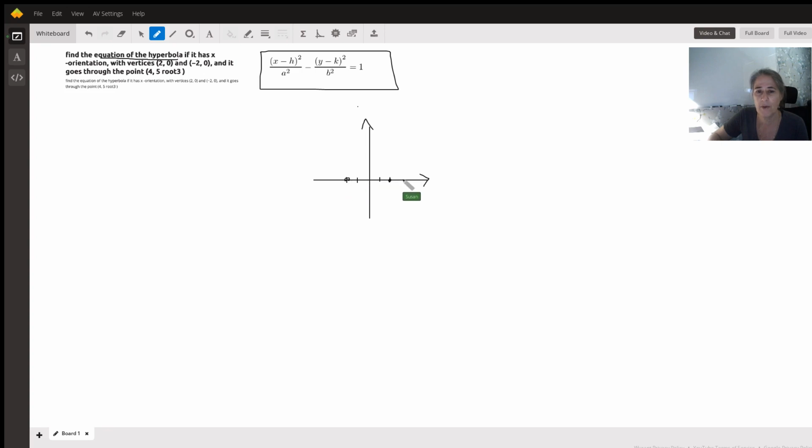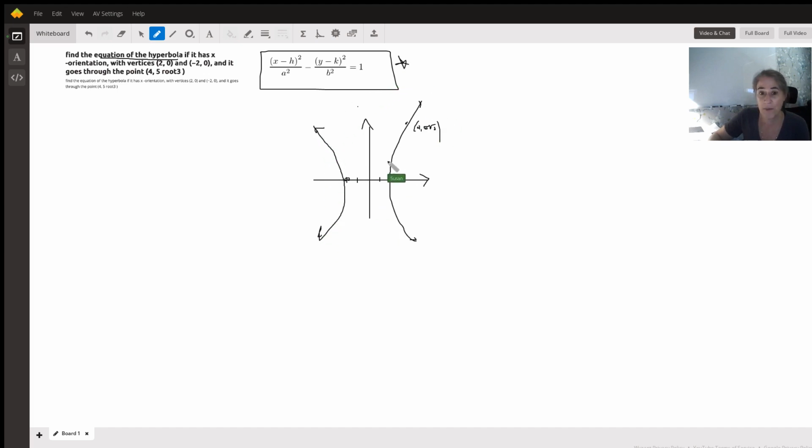And it goes to the point (4, 5√3), which is somewhere up here. And so we have to have a hyperbola that looks something like this. And so we know we're using this form.